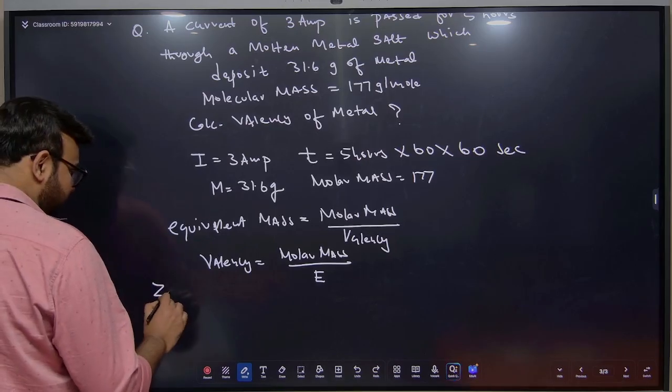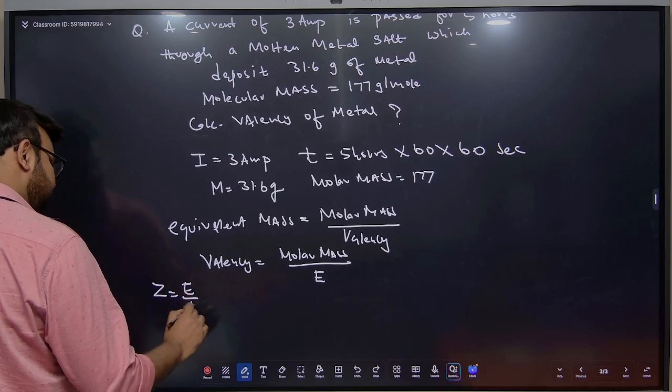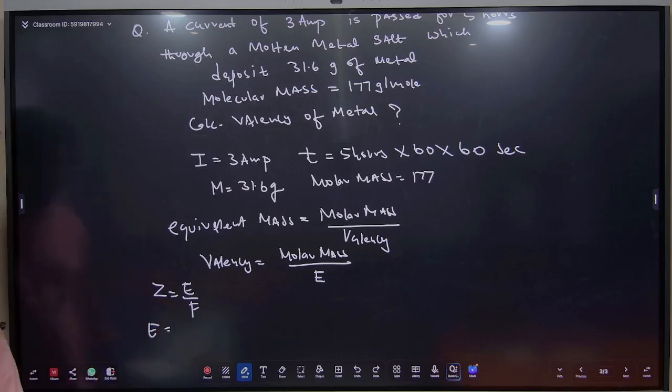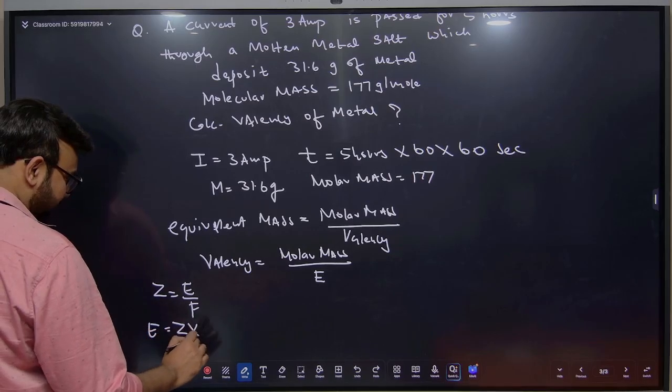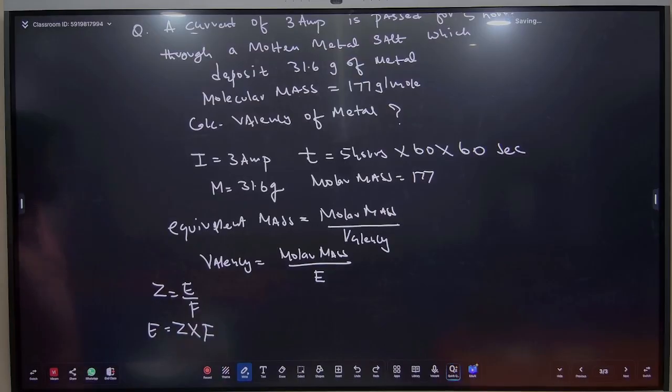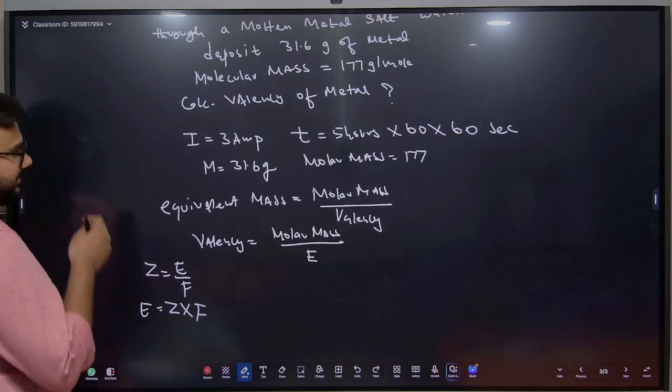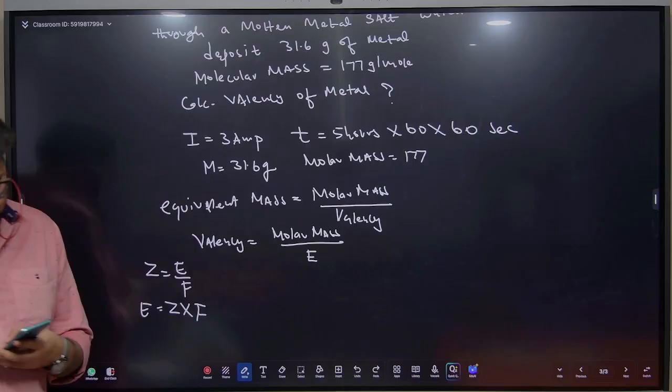And Z is equal to E by F. So E will be equal to, very good, Z into F. Can you solve it now? First find E, then find valency. That's it. And in order to do Z into F, you need to find Z. So solve the Z first.